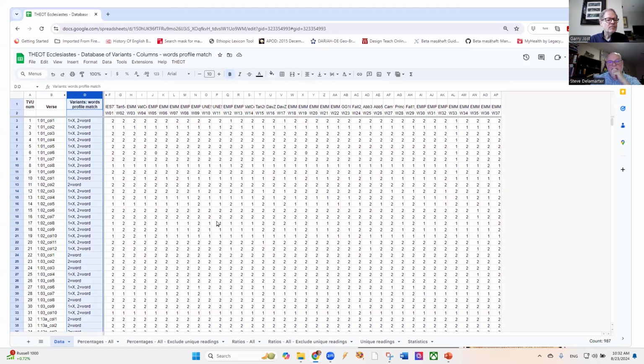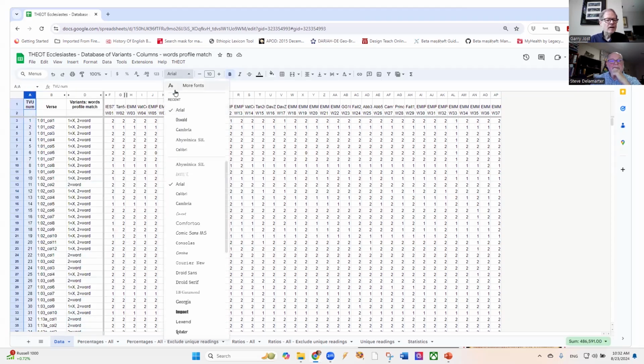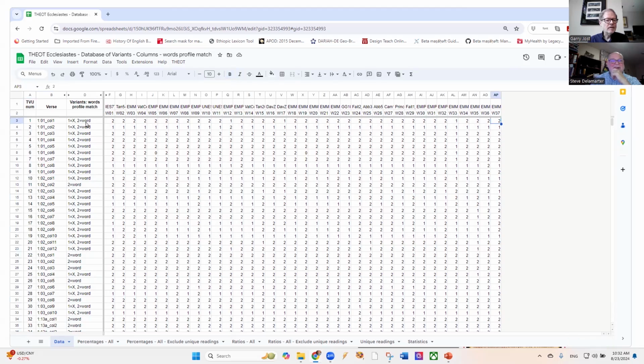If we look at this, column A has the TVU number, TVU, text variation unit, for us, and then the verse beside it, verse 1a, column 1. Column 1 refers to where we align the text, the alignment of the text according to having the same root. The various possibilities here are that either there's a word there or there's not.